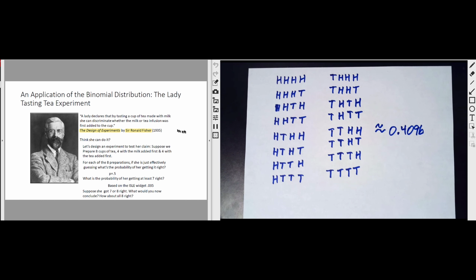Okay, so in this experiment, a lady claimed that if she were served a cup of tea made with milk, she could tell whether the milk was added to the cup followed by the tea, or whether the tea was added to the cup followed by the milk.